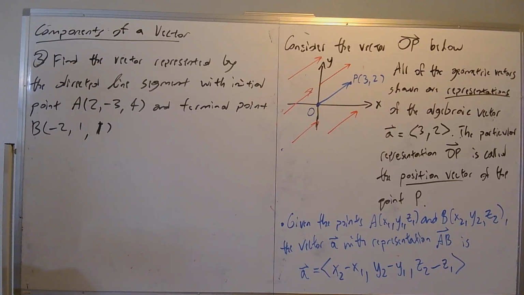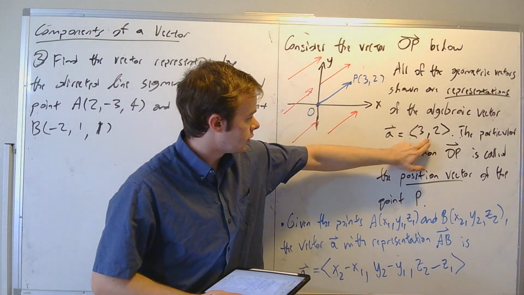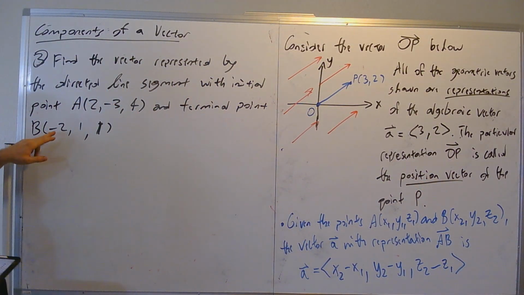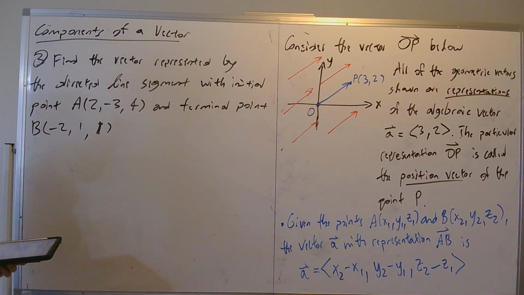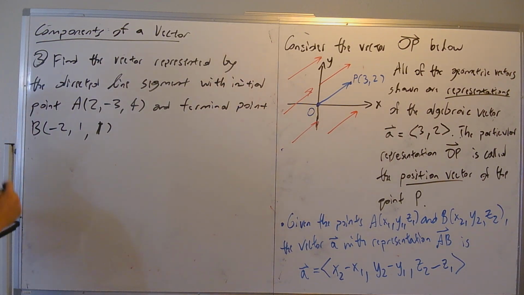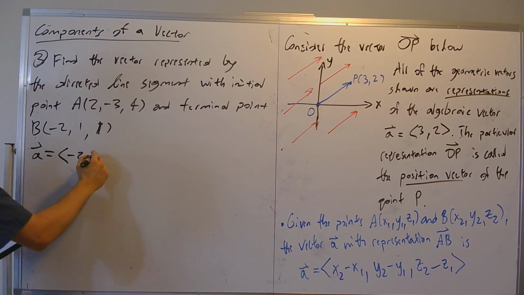Right, so we've got a vector between these 2 points, and we're trying to find the representation of the vector between these 2 points. So the way we do that is just exactly what we did here. We take the second point and we subtract the first point. So our vector A is going to be equal to, so we take the second x value, -2, and we subtract the first x value, 2.